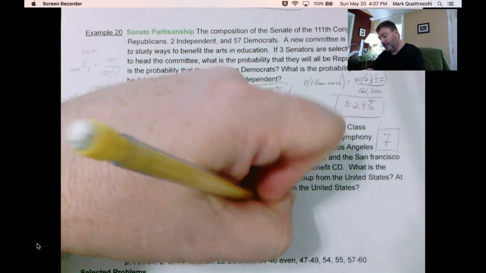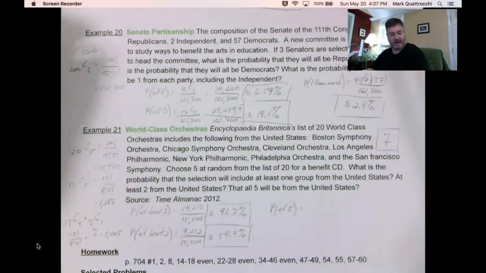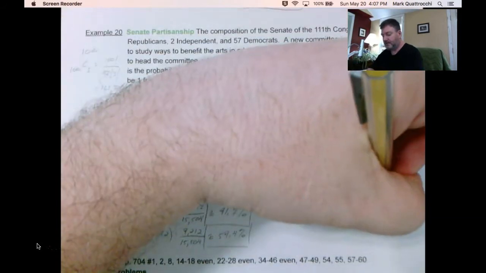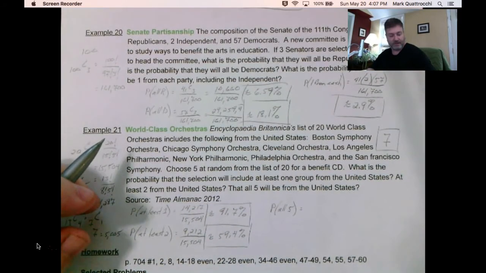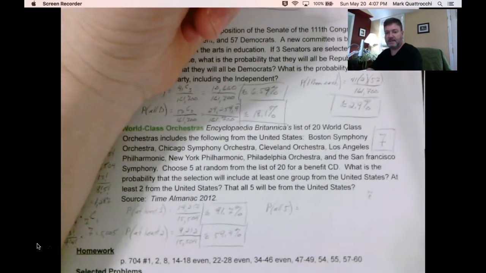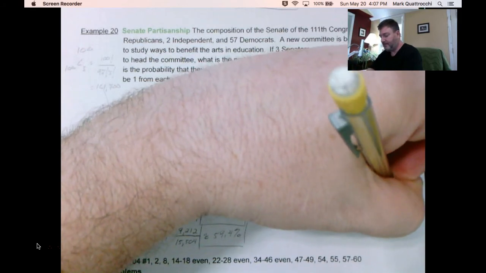Last one, probability of all 5 being from the United States. So there are 7 in the United States. We're choosing 5 of them.